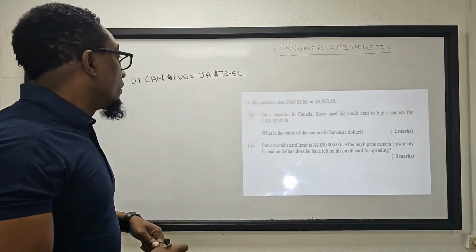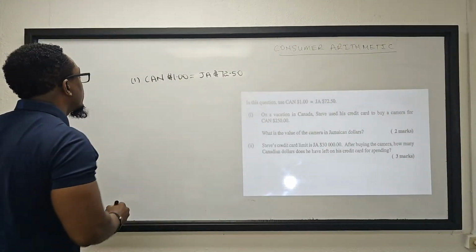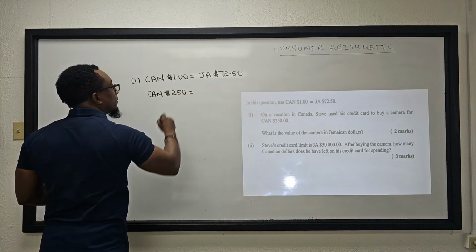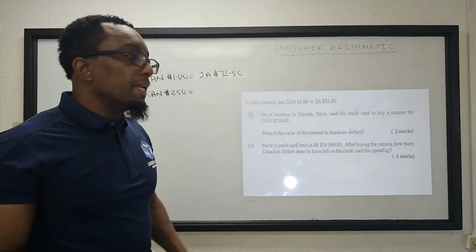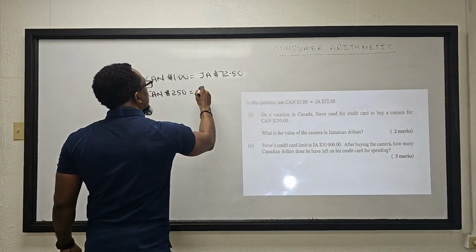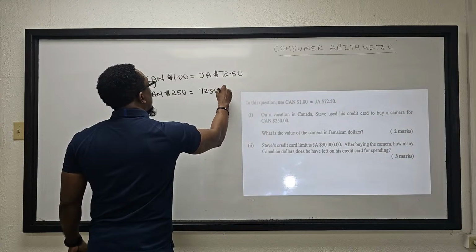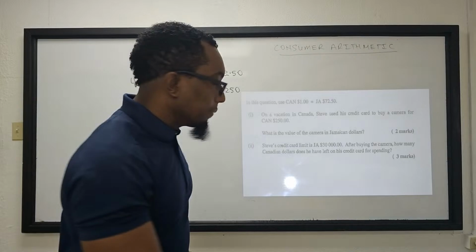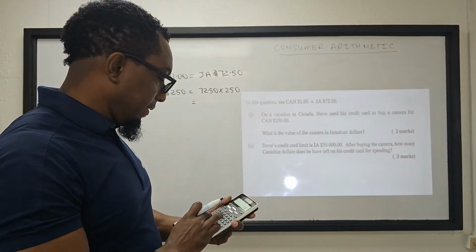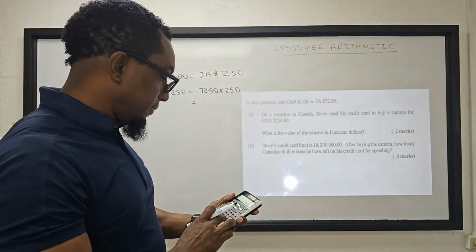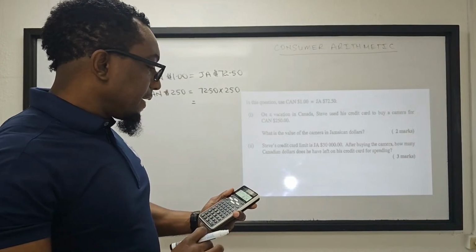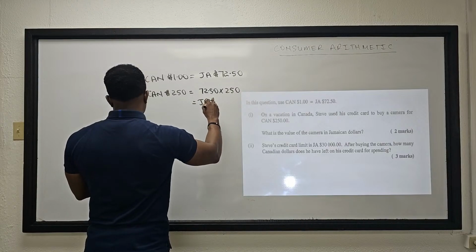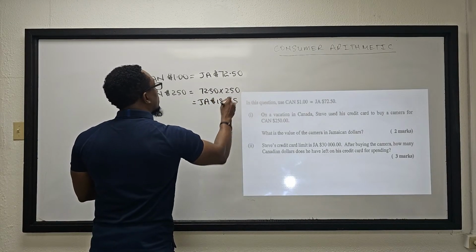So therefore, we know that Canadian $250 will be Jamaican $72.50 times 250. When we multiply the two, what are we going to get? This will be $72.50 times 250, and that will give us Jamaican $18,125.